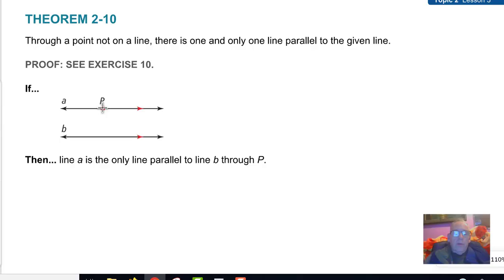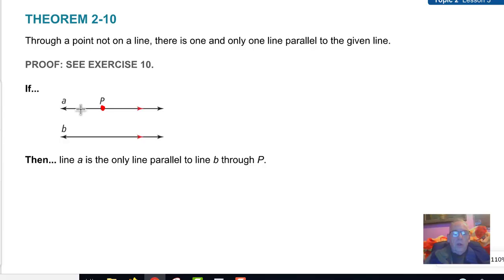So here's our point that's not on a line. And so here's our reference line. This is the line that we're talking about, our new line to be parallel to.